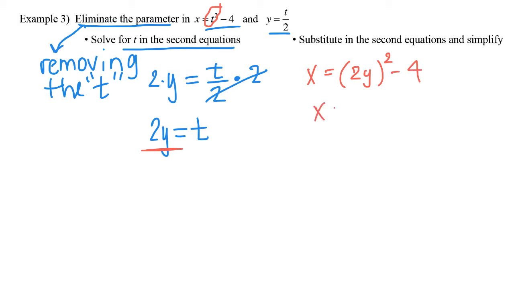So I have x equals 4y squared minus 4. That's the idea of eliminating a parameter. You rearrange one equation and plug into the other. It did not matter that I solved for the second equation and plugged into the first. You could have done it in the opposite direction and still would have been correct.